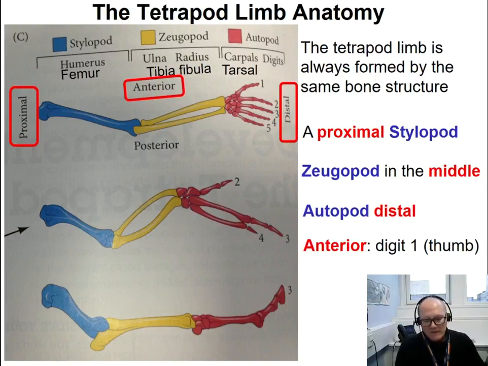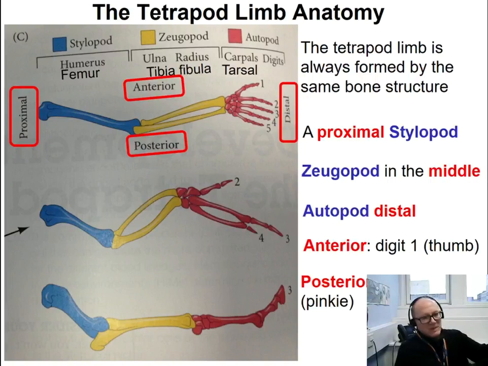Opposite to that, we have the fifth digit or the pinky, which is pointing to your feet. That part of the limb, below there, is the posterior part of the limb. So now we have defined the proximal to distal axis and the anterior to posterior axis.